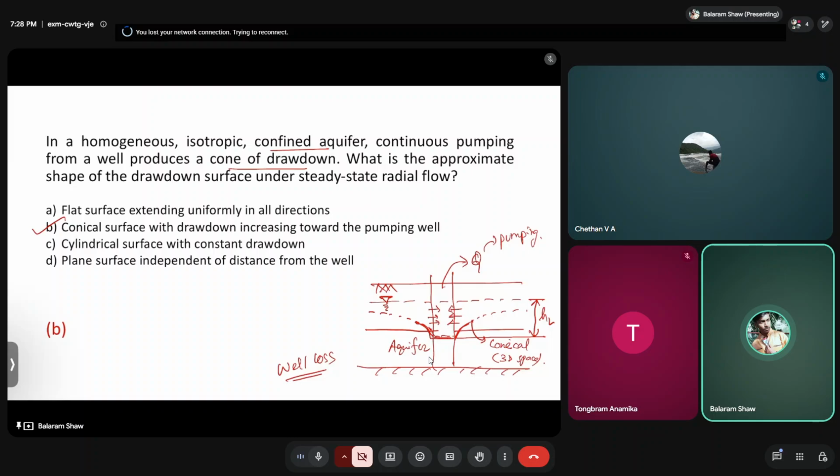So generally what we do, we put some screens kind of thing. So in the periphery of the well, we put some kind of screens or some kind of pipes, but it will be somewhere like this. So let's say if you consider a pipe which we are putting in the well, there will be small perforations like this. Linings will be there, so that the water can flow inside or outside, right? So these are perforations, we can say.